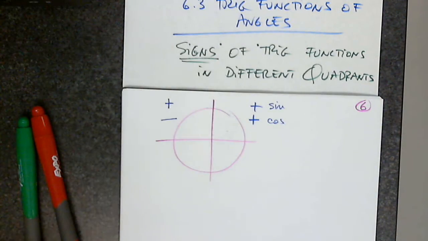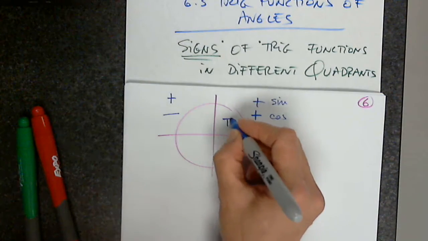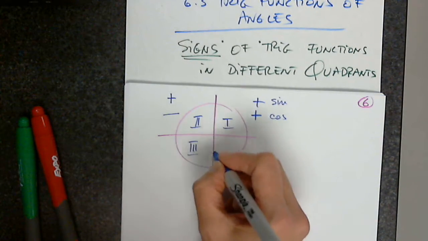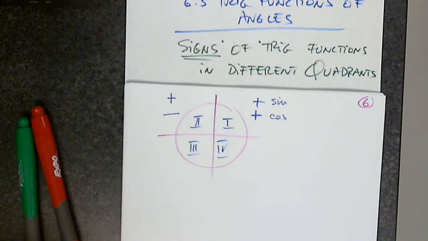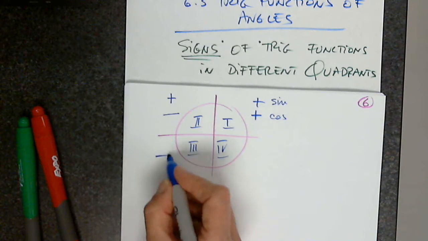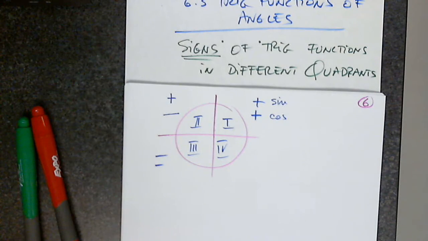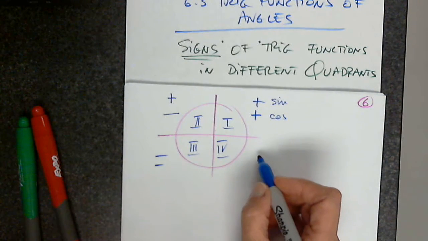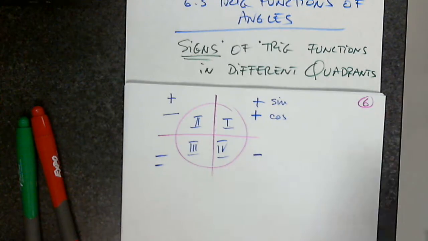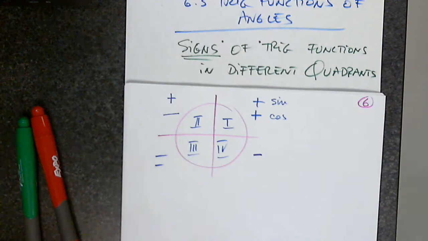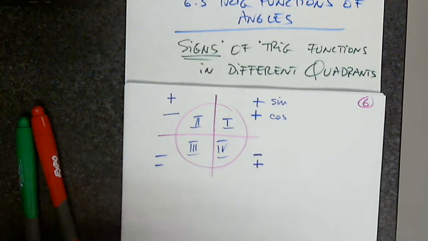Cosine is negative. Perfect. In the third quadrant, so this is the first, this is the second, this is the third, and this is the fourth. In the third quadrant, obviously, they are both negative. And in the fourth quadrant, sine is negative because it's below the x-axis, and cosine is positive.